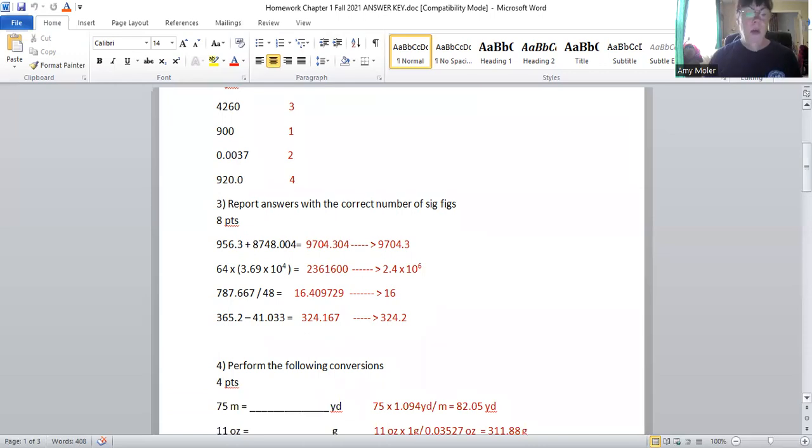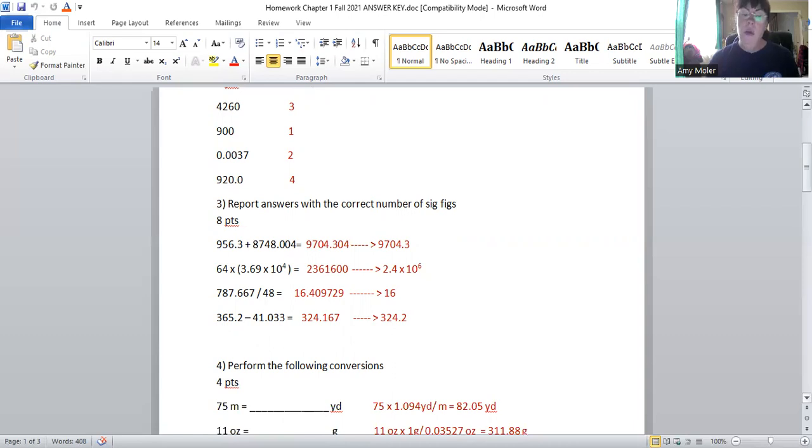Dividing, 787.667 divided by 48. You get quite a number of decimal places on your calculator. 16.409729. But note, the 48 in my division is only 2 sig figs. My answer must be rounded all the way down to 2 sig figs.